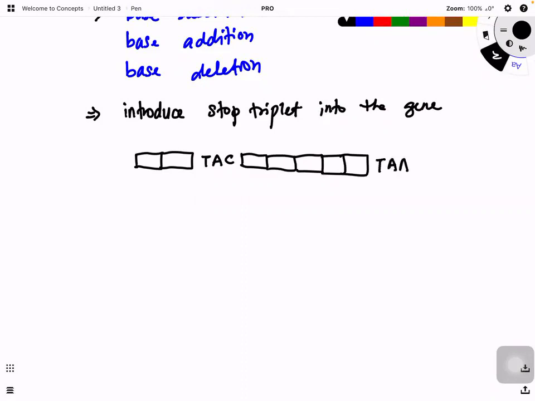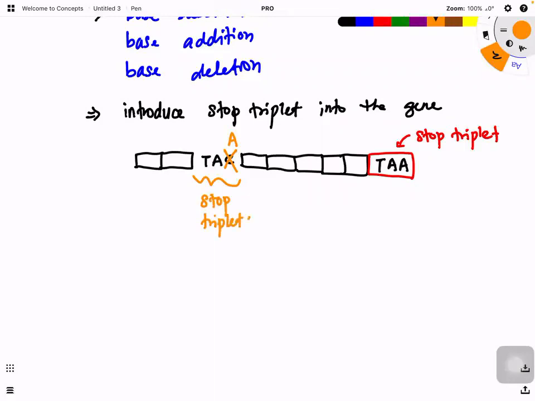So this TAA is the original stop triplet. Are you clear? Now what will happen here is if base substitution takes place, changing the C to A, this one becomes a stop triplet already. Can you see that? TAA is a stop triplet.